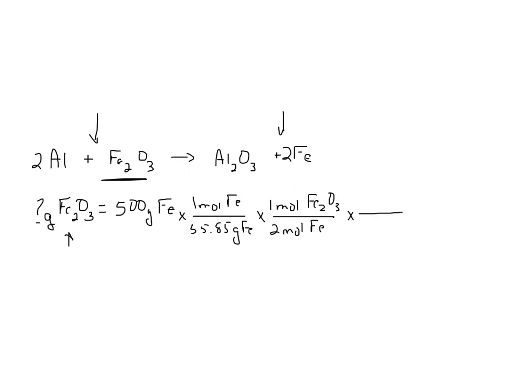Then, once we've got moles of that, we need to convert back to grams. So we need to figure out the molar mass of Fe2O3. That'd be 2 times 55.85 plus 3 times 16, and I get 159.7 grams.